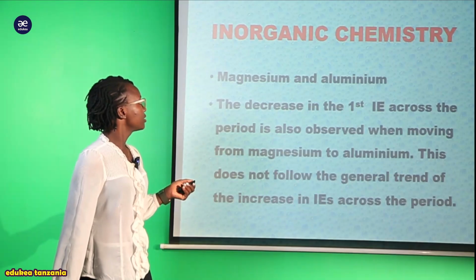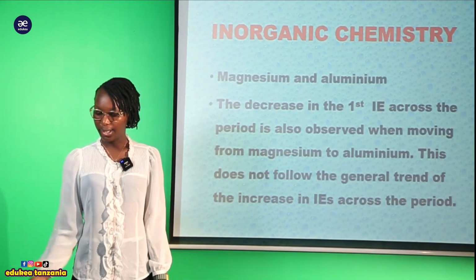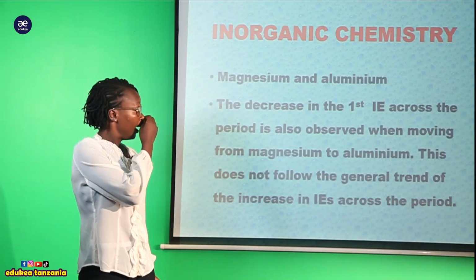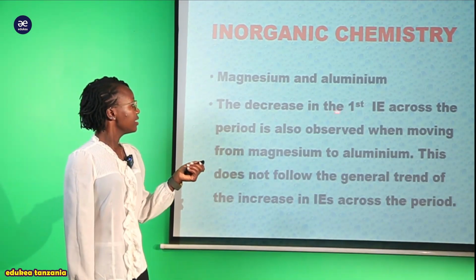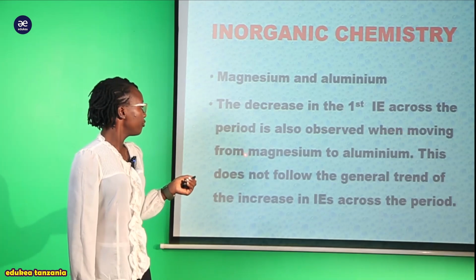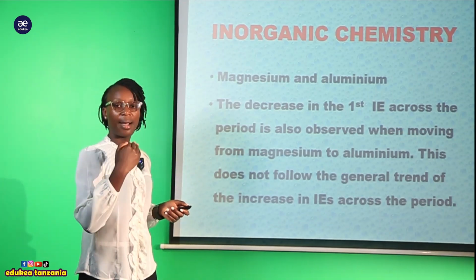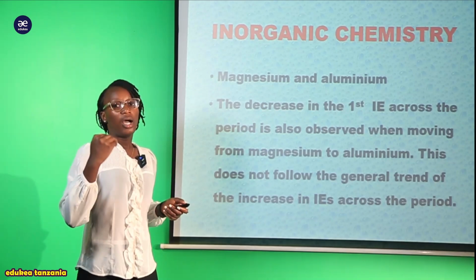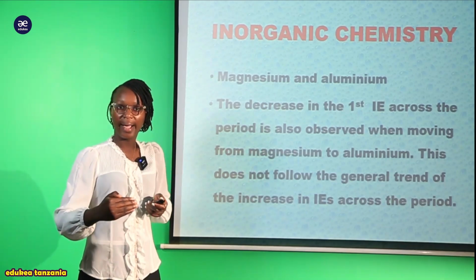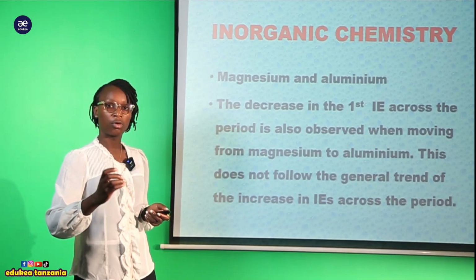But also we have to see the case of magnesium and aluminum. So the decrease in the ionization energy across the period is also observed when moving from magnesium to aluminum. Kumbuka magnesium to aluminium ina maana tunatoka kwenye group number 2 kwenda kwenye group number 3.